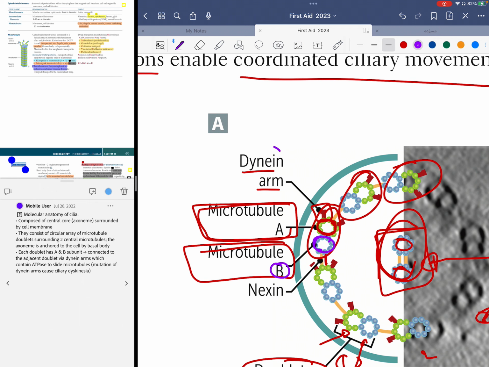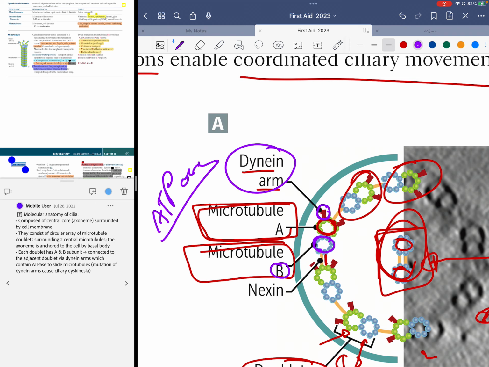So there's a dynein arm that we talked about. It's like this red thing over here that allows it to attach to the adjacent duplet. It contains ATPase to slide microtubules, as we said, to help them slide all over. Mutation of the dynein arm causes ciliary dyskinesia.